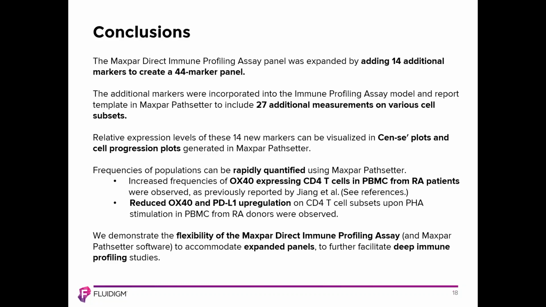Using Maxpar Pathsetter, we can also look at the relative expression levels of each of these markers, as can be visualized in Cen-se plots or even in cell progression plots for a more quantifiable analysis. And scientifically, we also observed data that was already in alignment with what's already been published. For example, increased frequencies of OX40 expression on CD4 T cells in PBMC samples from rheumatoid arthritis samples.